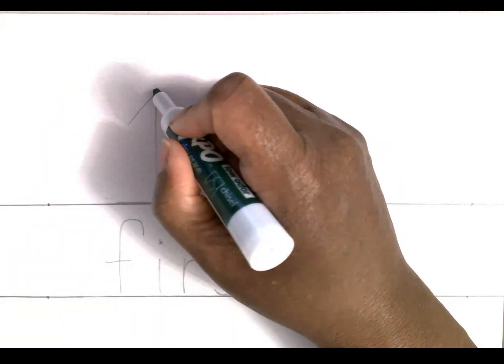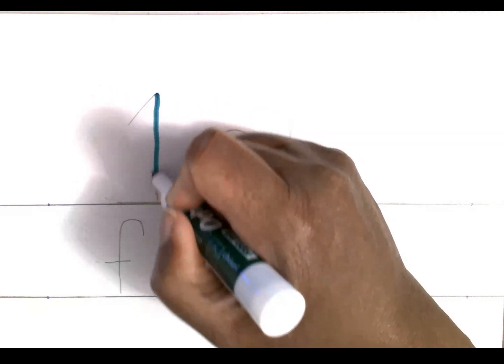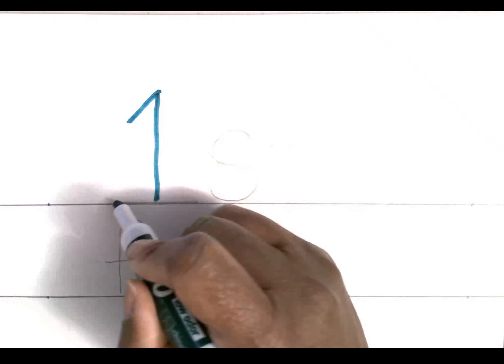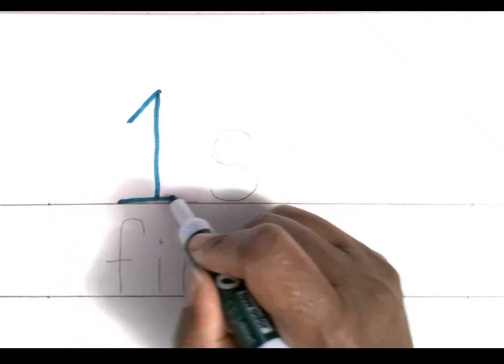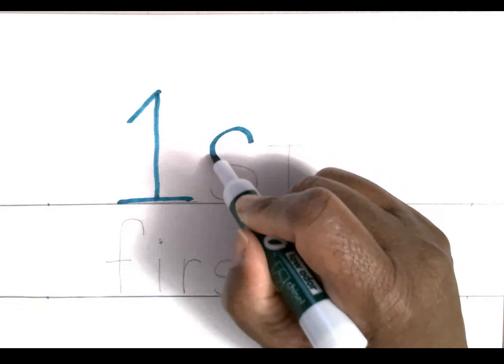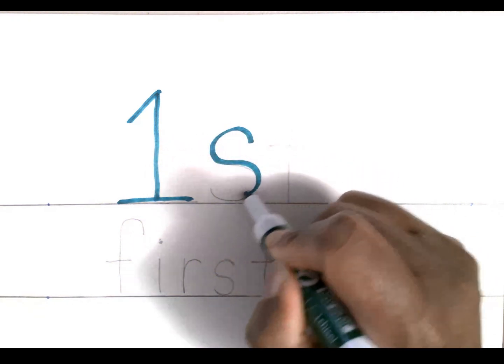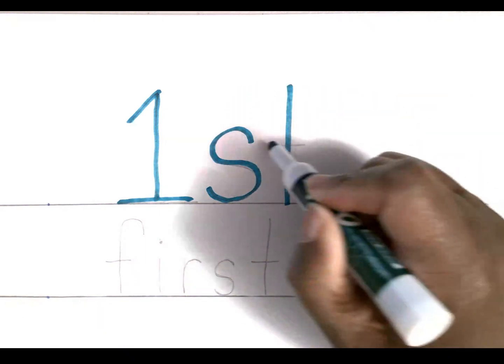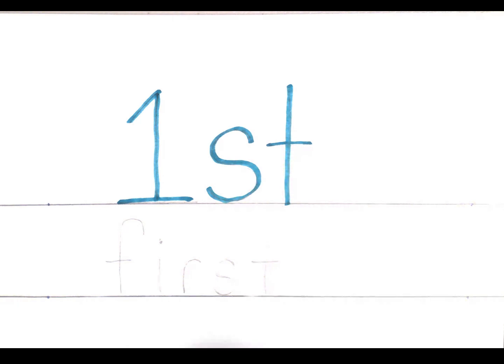Write the ordinal number first. Now write the ordinal number word first.